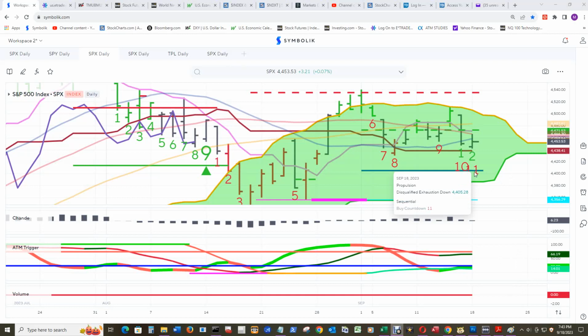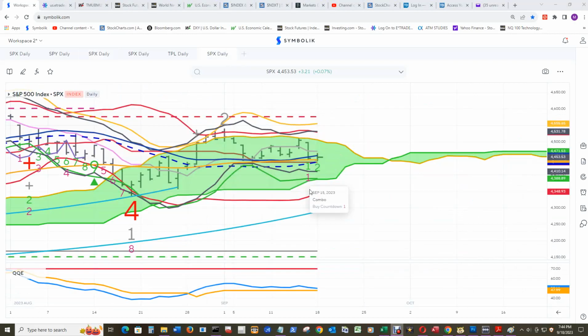And sequential has a buy countdown 11, so that could print a 13 in a few days. And combo just started a new buy setup, so it started off with a combo buy countdown 1, so the sequential over in the other chart there is the best bet to print a 13 to the downside, 13 buy countdown.